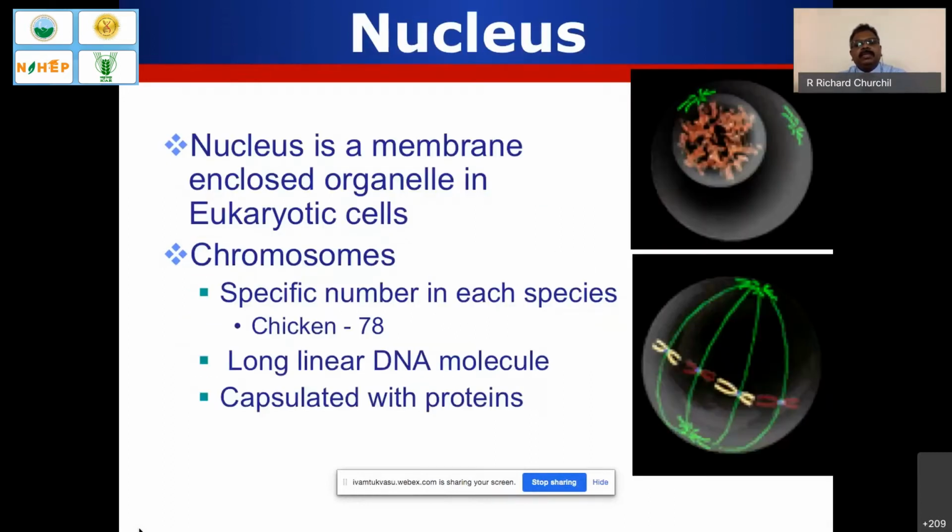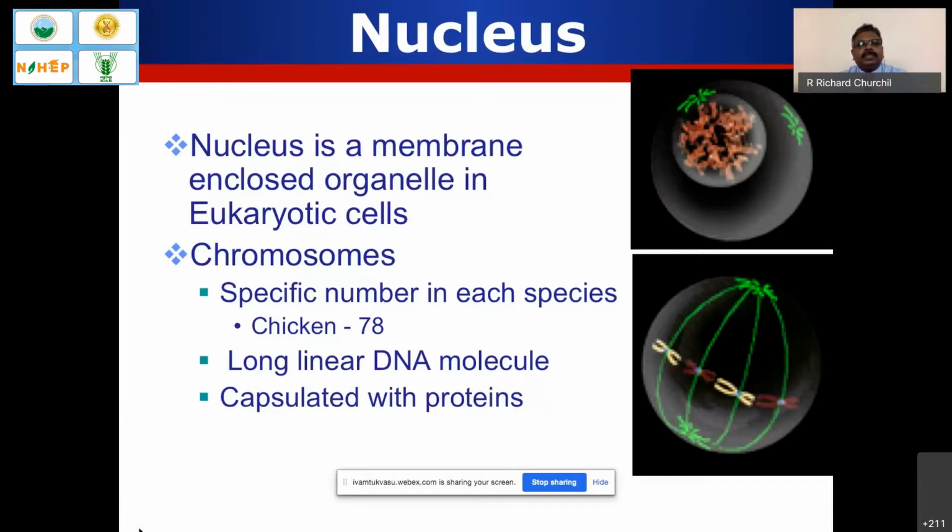So the nucleus is the place where the genetic material is stored, in chromosomes. The quantity of the DNA present inside a cell, that is a single set of chromosomes, is called the genome. So it varies from species to species. Again, the number of chromosomes varies.